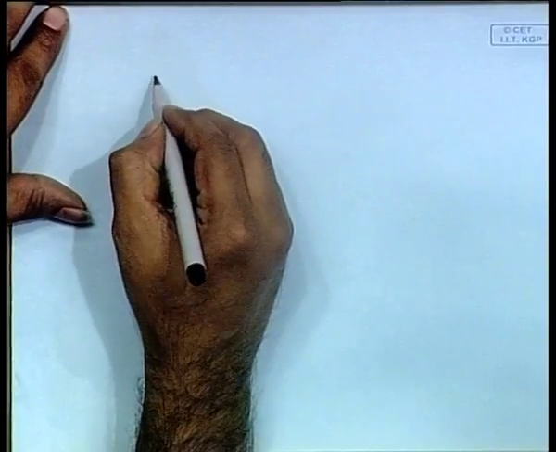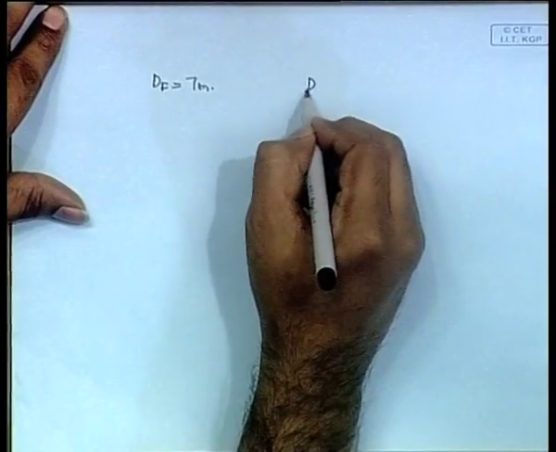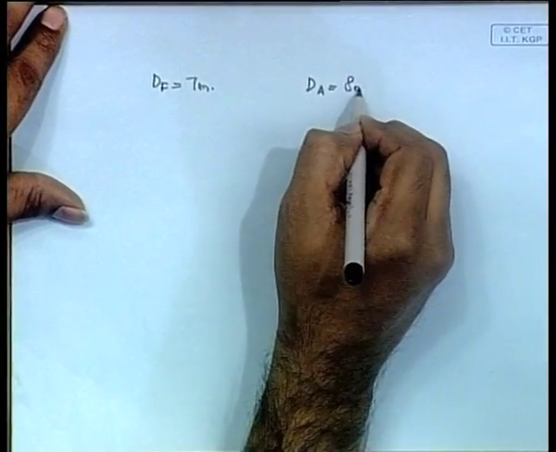Okay. Now, there is one problem on this, we will do this. You are told that a vessel is floating at a draft forward of 7 meter, draft aft equals 8 meter.